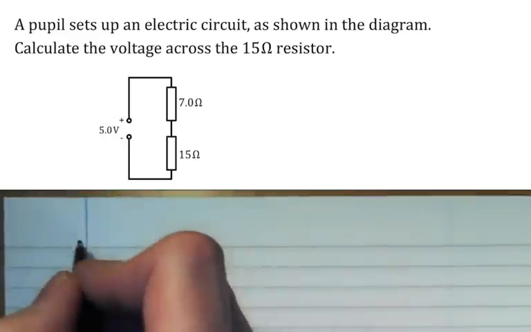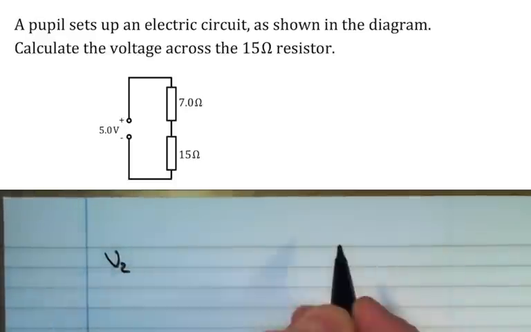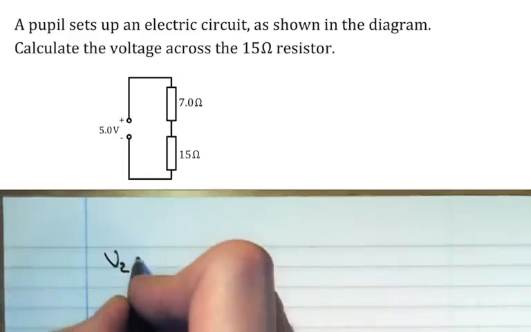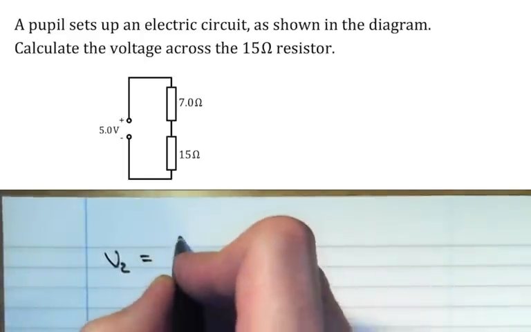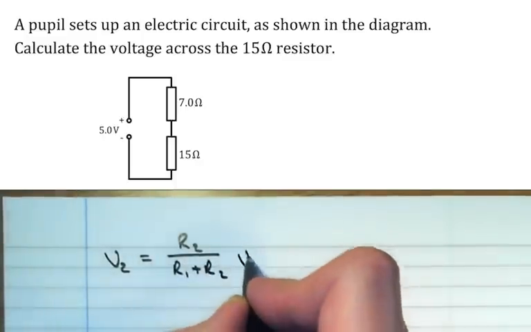That was the first one we spoke about before, but what we could also do, again from the relationship sheet, is use this one where V2 is equal to R2 over R1 plus R2 times Vs.